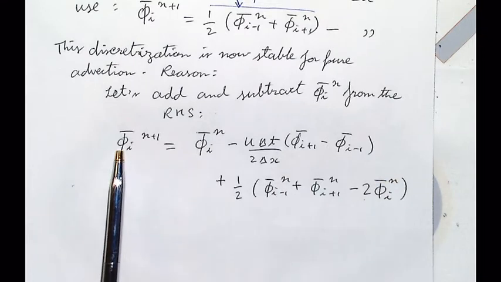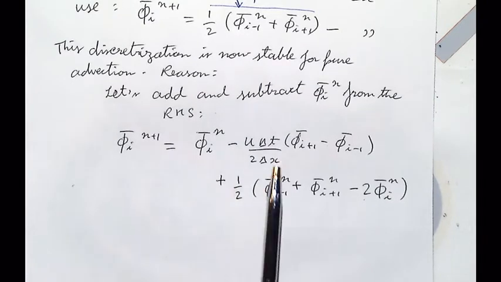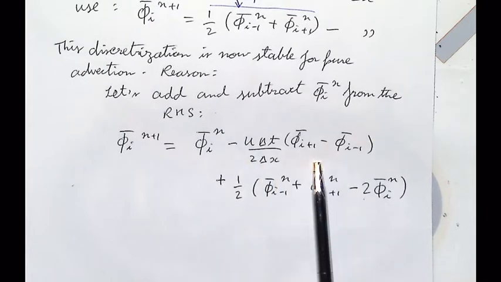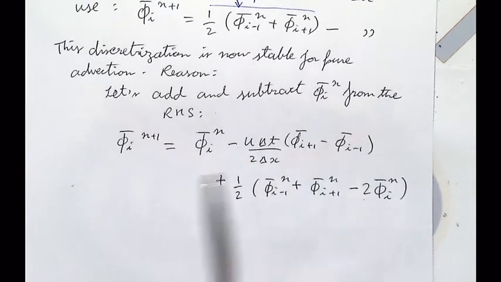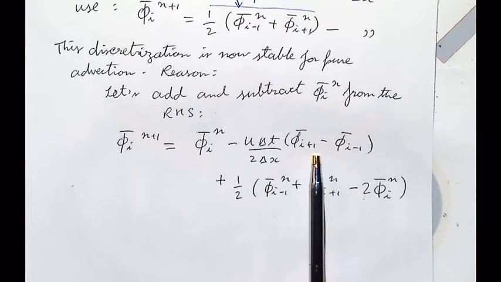If you take this to that side, divide by delta t, there's d phi by dt, and this is a u times d phi by dx. And this is what was unstable. This is the center difference, second order.